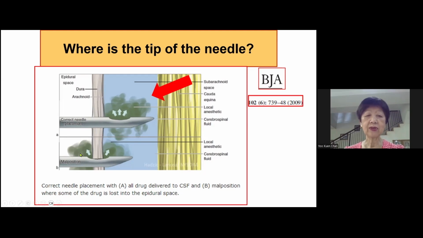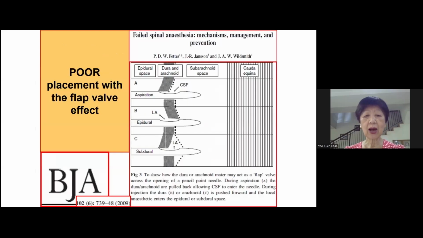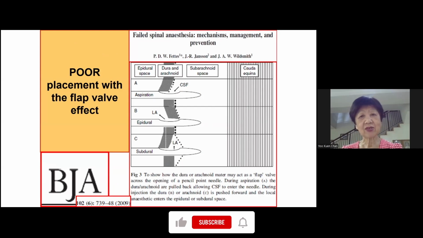Then you're going to experience inadequate drug dosage and the block may not work or may work for a while but of short duration. So be mindful of the fact that your drugs may be anywhere, although you can tell yourself the CSF is there.